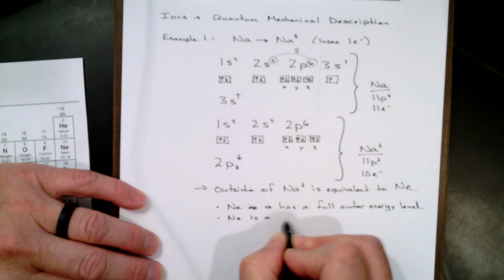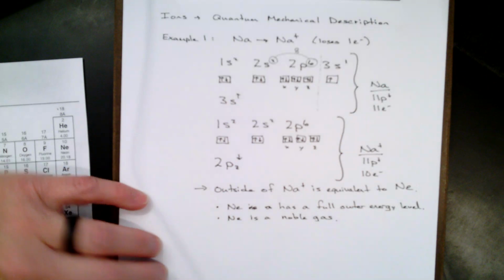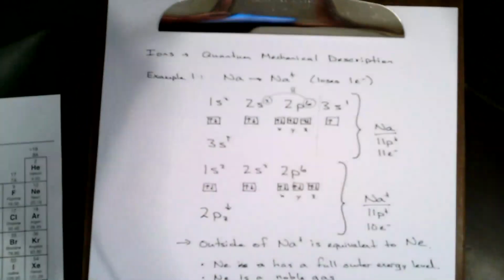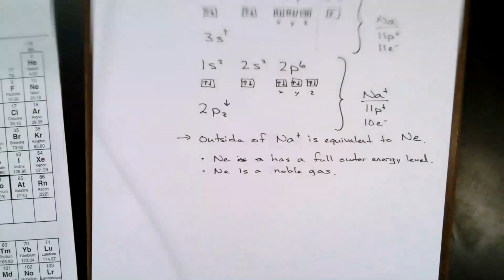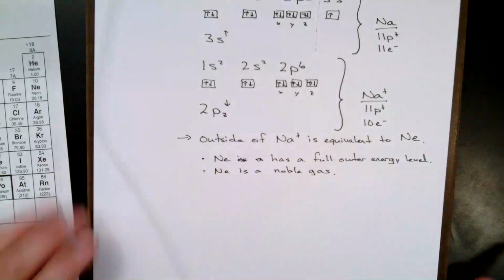Ne is a noble gas. So Na is trying to make itself look just like Ne on the outside. So what does it do?